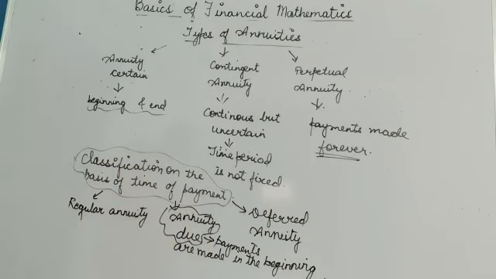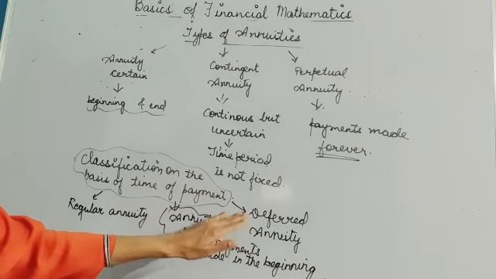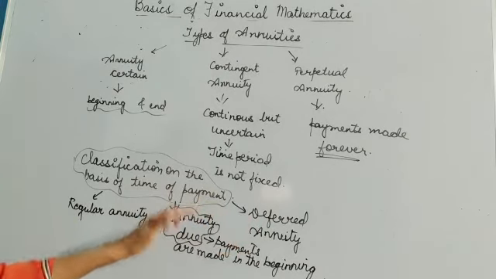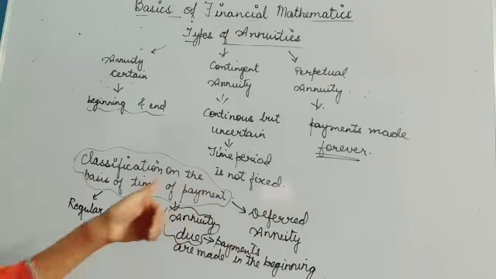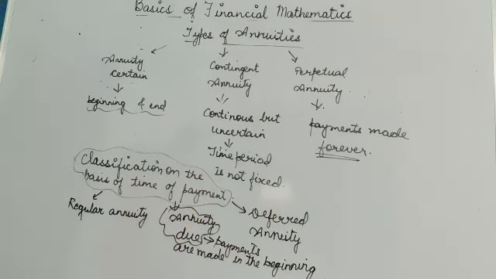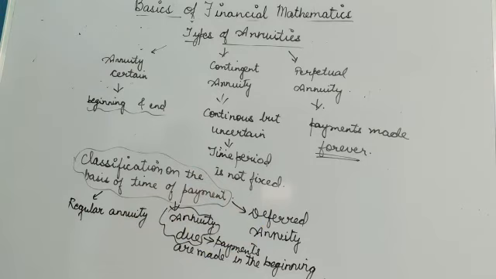Third is your deferred annuity. Deferred annuity means to postpone. This is a term widely used in business. So this is the annuity in which the first payment is postponed for a period of time. A business loan is an example of deferred annuity.